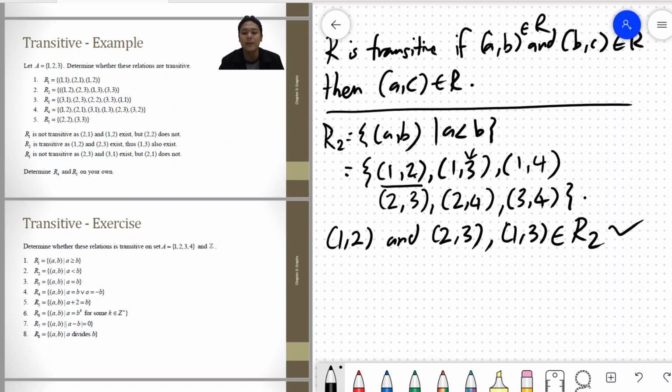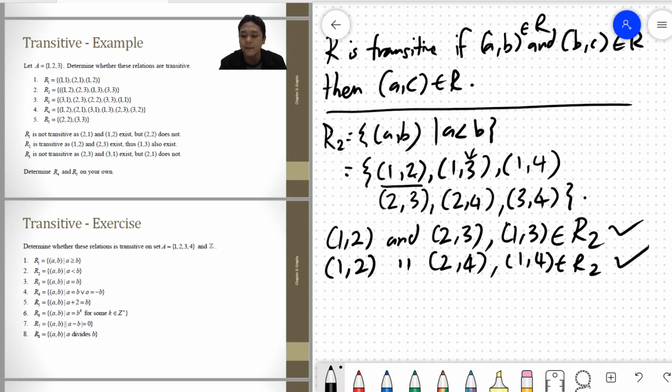Okay, proceed to the next one. (1, 2), you can compare it with (2, 4). Does (1, 4) exist? Yes, (1, 4) exists in this R2. Is there more where 2 becomes the element on the left?